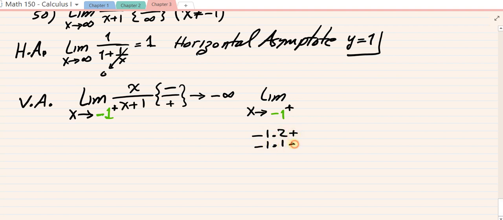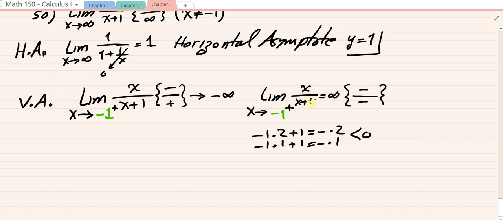When you add 1 to these, you get negative numbers, like negative 0.1. So this time the denominator is going to be negative. The numerator is going to be negative too, because whether you approach negative 1 from right or left, the numerator is just x. And this time it's positive infinity.